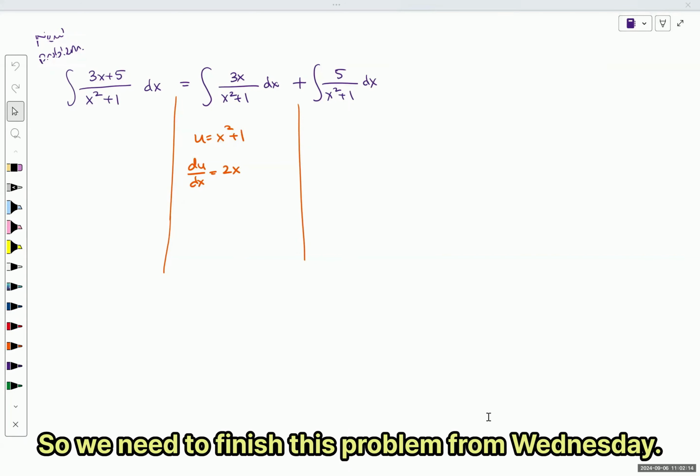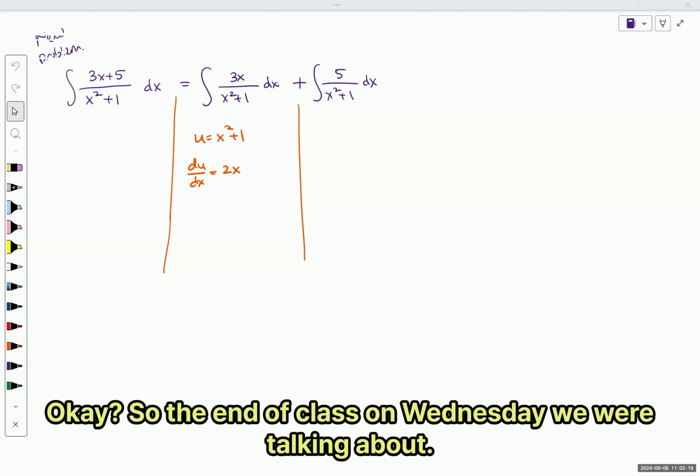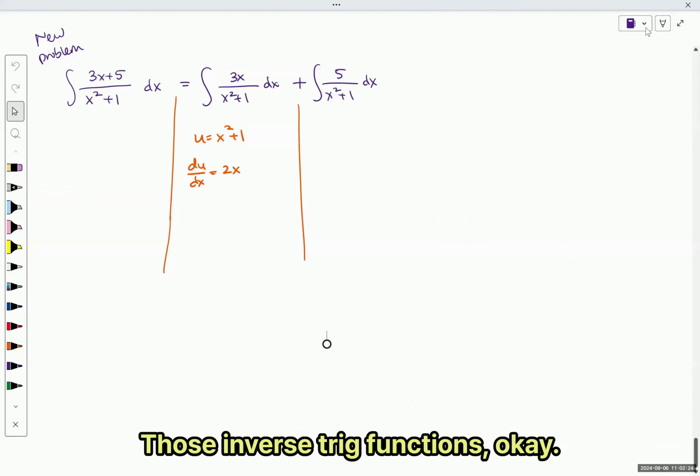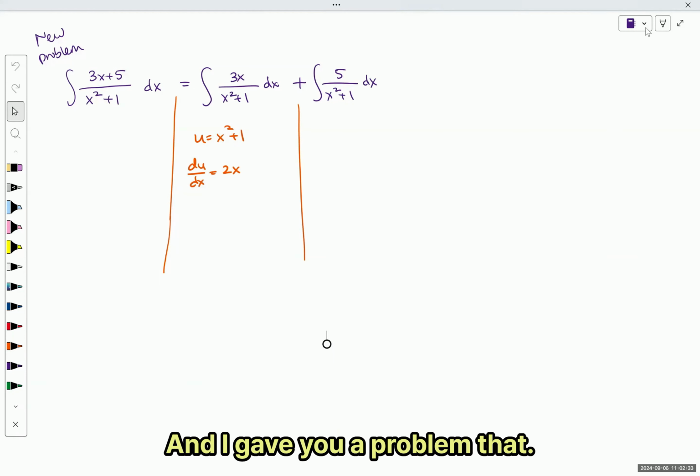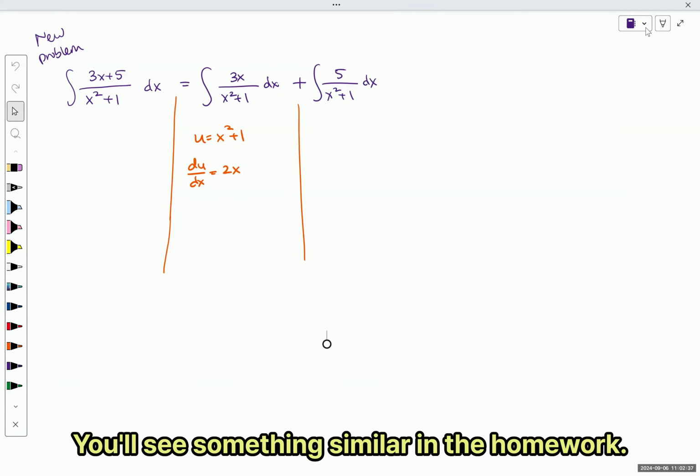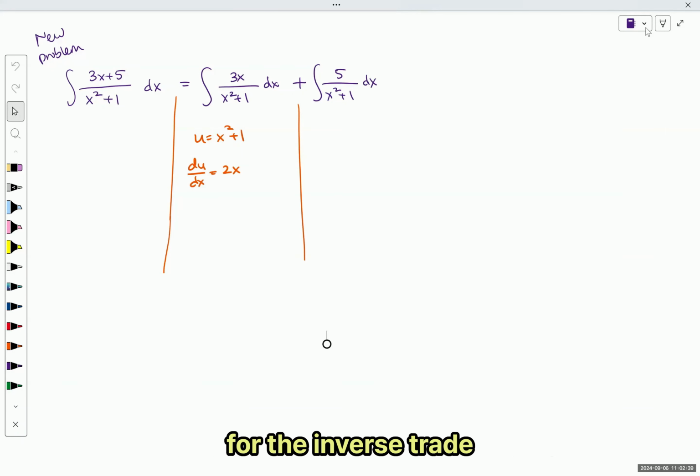So we need to finish this problem from Wednesday, okay? At the end of class on Wednesday, we were talking about those inverse trig functions. I gave you a problem, and you'll see something similar in the homework for the inverse trig.